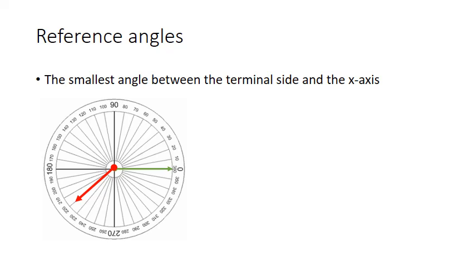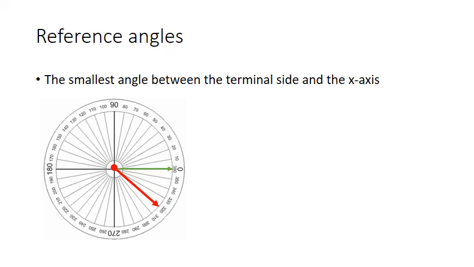Our reference angle, again, is the shortest distance between our terminal side and the x-axis. So there's our reference angle. How much is the reference angle? Well, remember that we're at 220 right now, and that we're going the distance from 220 to 180, which is a distance of 40 degrees.